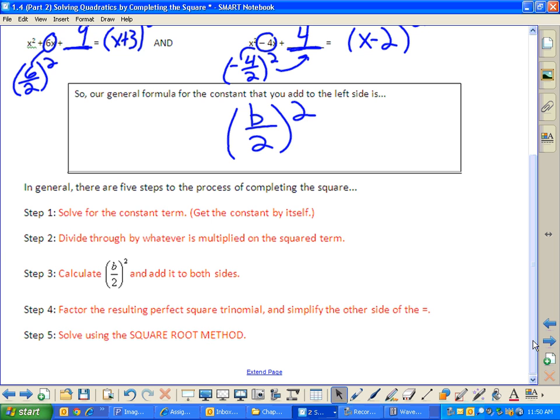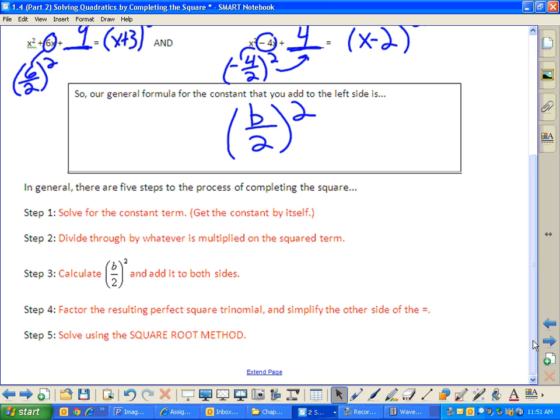Step 1. We solve for the constant term. That's super weird. In plain old English, you move your constant to be by itself on one side of the equal sign. Step 2. We don't do that until tomorrow. It's not necessary in the problems you see today in class or tonight on your homework. Step 2, you're going to divide through by whatever is multiplied on the squared term. You don't even have to worry about that for tonight.